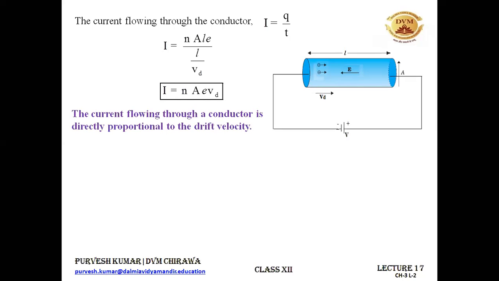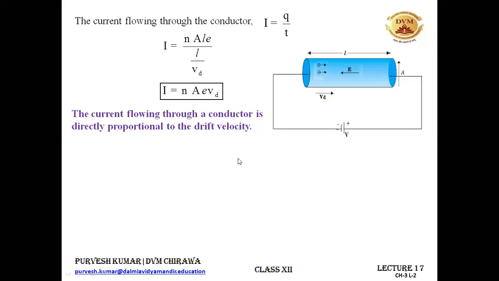Then the formula becomes I is equal to nAqVd, where q is the charge of the single particle flowing across the conductor. This formula is very important, and sometimes they ask it in the exam to derive it, and there will be a lot of numerical problems on this formula as well. I hope I'm clear in this one.